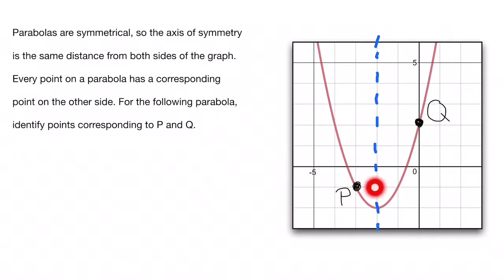The corresponding point is just the same distance on the other side, so right here. So P prime is -1, -1. Similarly, Q prime, I would just go the other way, it's a reflection. So since this went 2 to the right to get there, I'll go 2 to the left, which means here is my Q prime, and that is at -4, 2.